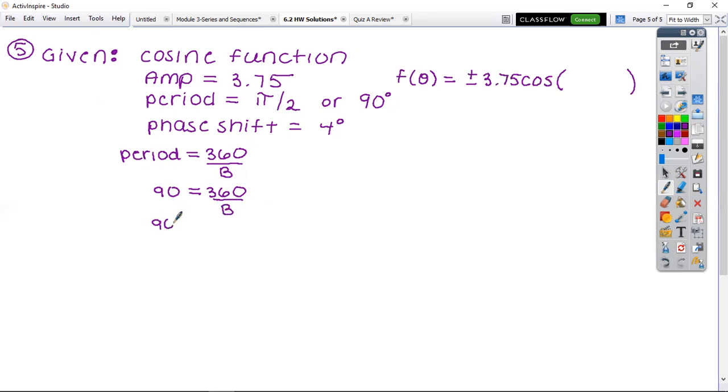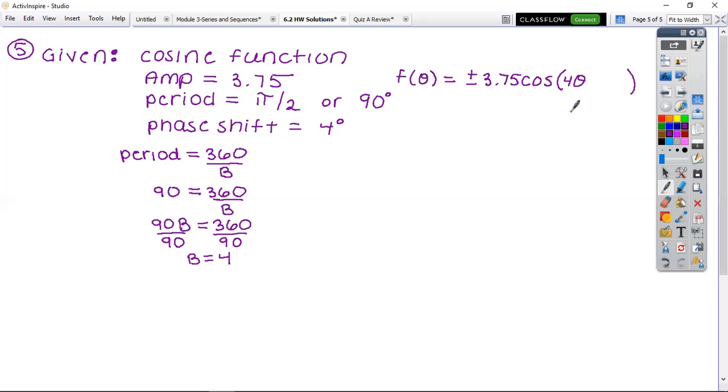So 90b is equal to 360, and 360 divided by 90 is equal to a b value of 4. So first thing I plug in is the 4 and the theta.